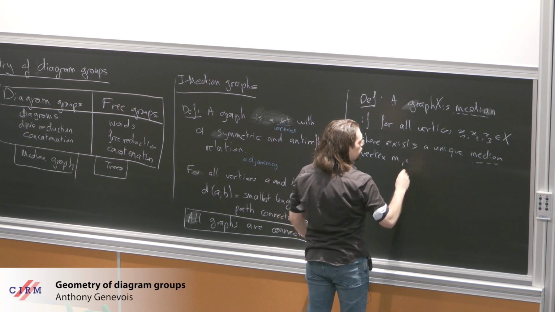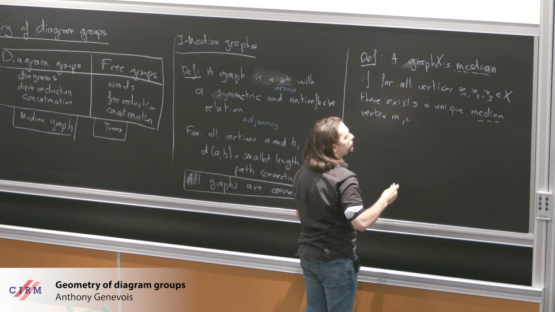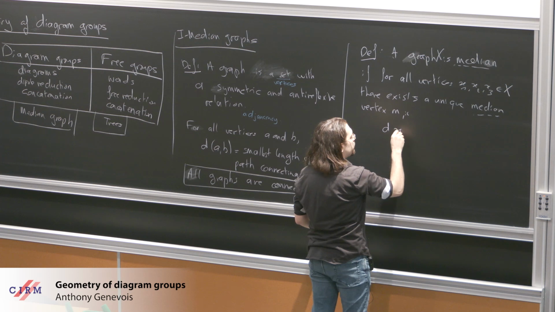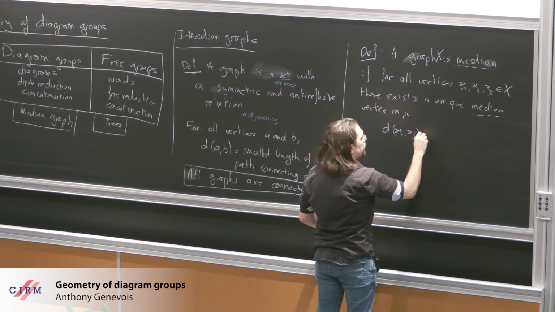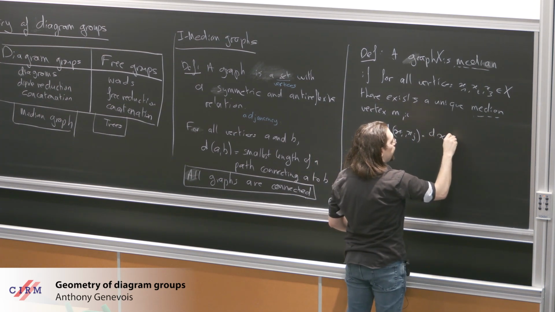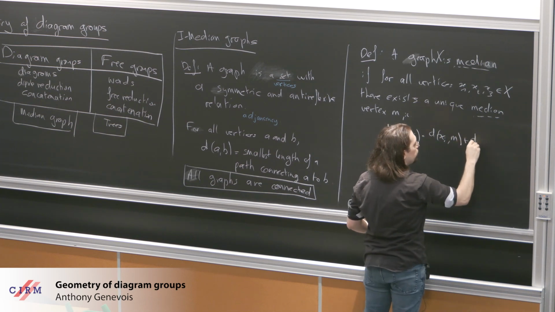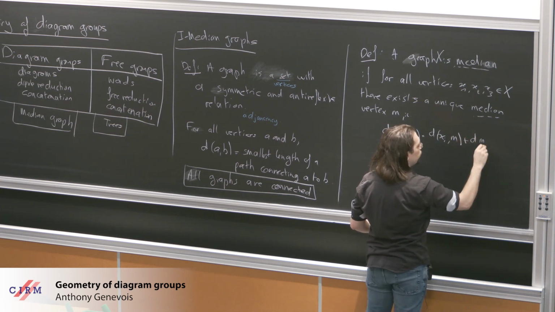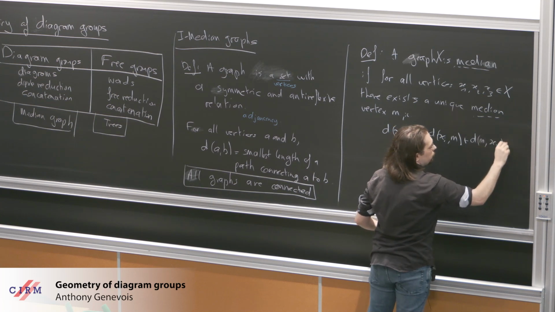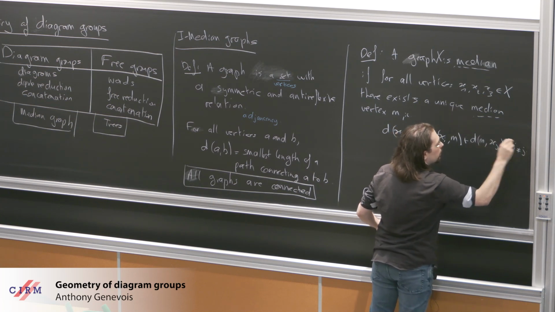What does it mean? It means that the distance between xi and xj is the distance between xi and the median point plus the distance from the median point to xj, and this is true for every i distinct from j.